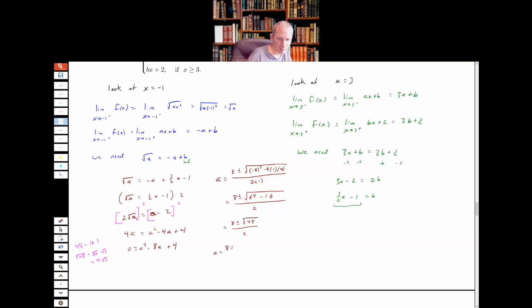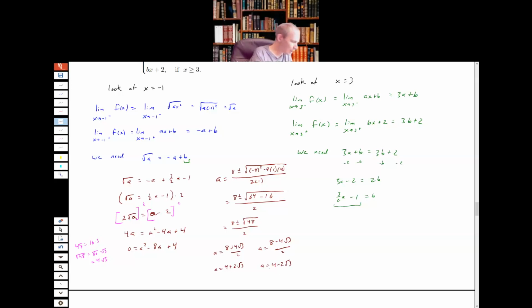So I'd have 8 plus 4 root 3 over 2, and I would have 8 minus 4 root 3 over 2. And when I divide by 2, I'm going to get 4 plus 2 root 3 and 4 minus 2 root 3.